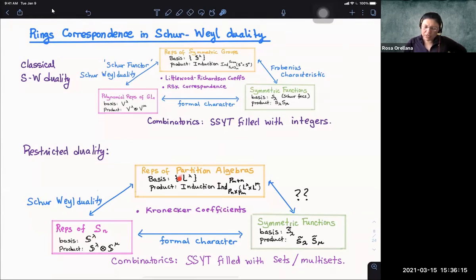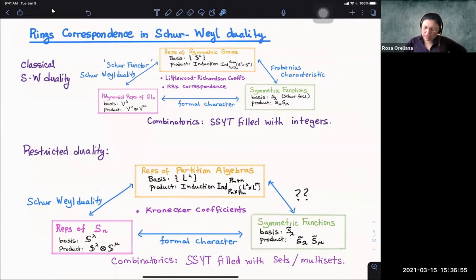If you induce representations of the partition algebras, you end up with Kronecker coefficients. If you tensor representations of the symmetric group, where this n is fixed and this is the k that varies, this turns out to be Kronecker coefficients. And if you multiply these functions that we defined with Mike, they turn out to be also Kronecker coefficients, where n has to be sufficiently large, so you get what people call the stable Kronecker coefficients. So only the ones that are stable, but you get these Kronecker coefficients.